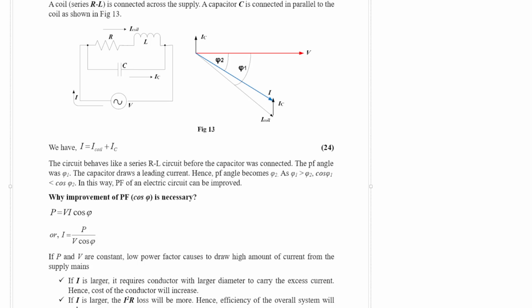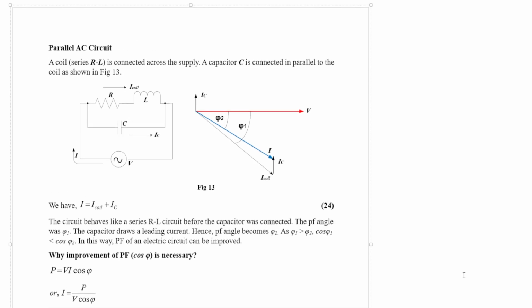Now today, in this part of this lecture, we will see another aspect, which is called parallel AC circuit.